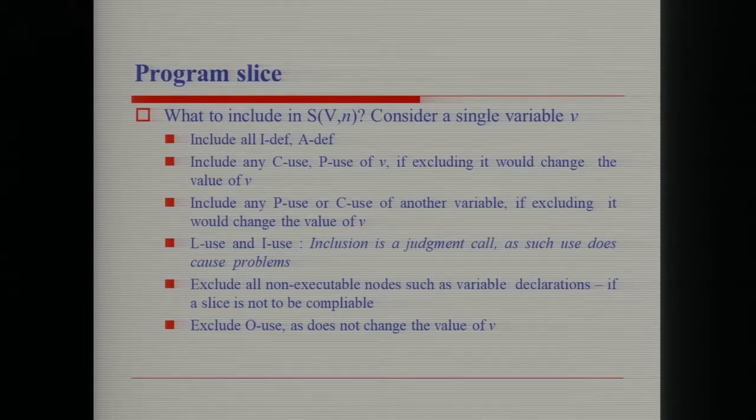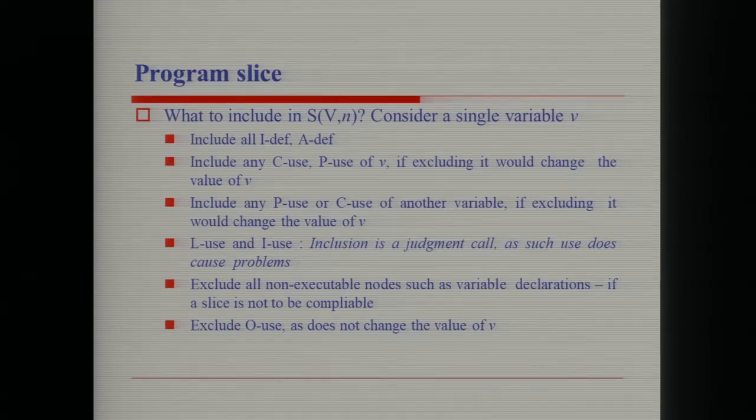Then include the C use and P use of V, any computation use and the predicate use for the variable V, if excluding it changes the variable V. If you exclude that and it leads to a change of the content of the variable V, then you must include those C use and P use statements of that particular variable in the slice. Remember this.